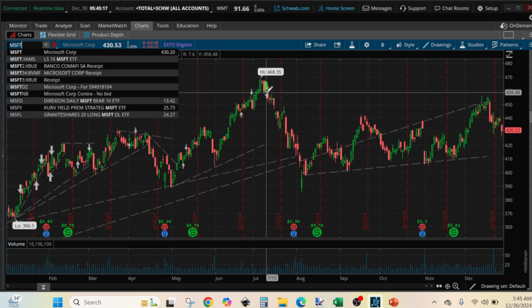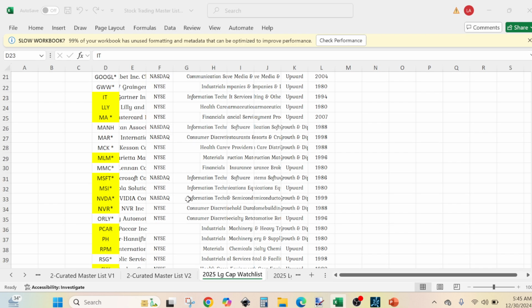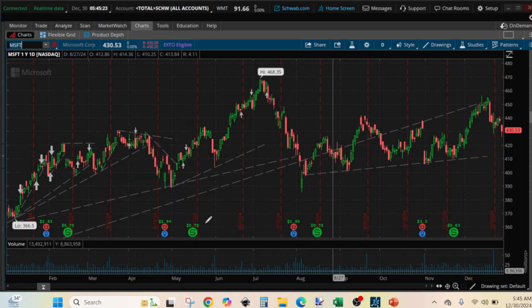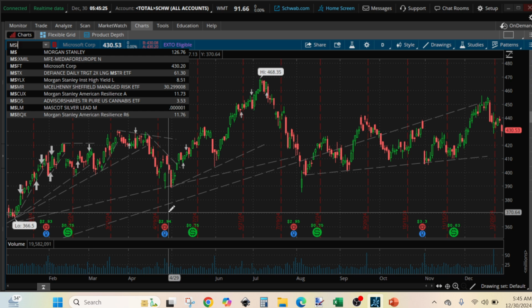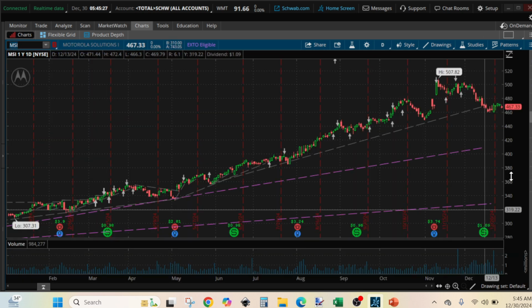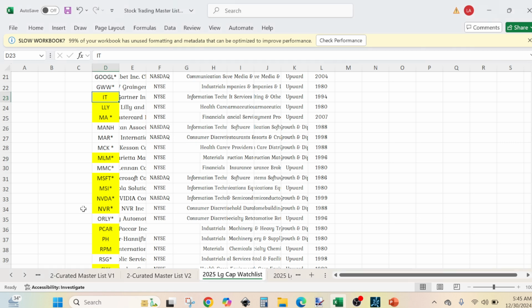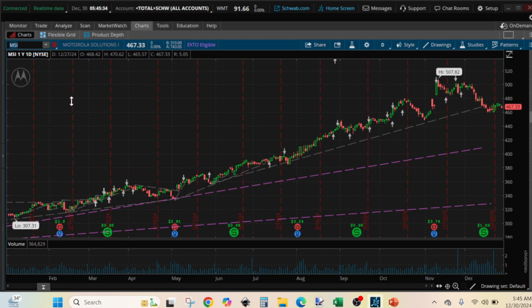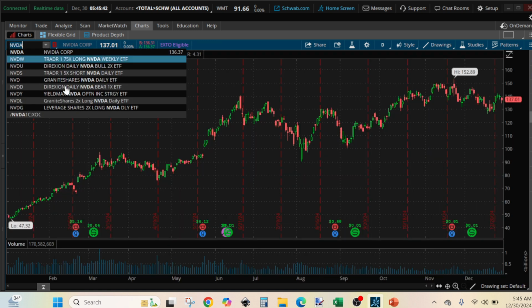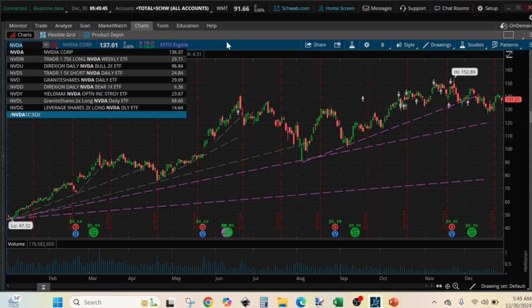We bought it somewhere there. Okay. MSI. We bought that one as well. We bought it somewhere there. NVDA. We bought that one too. Okay.